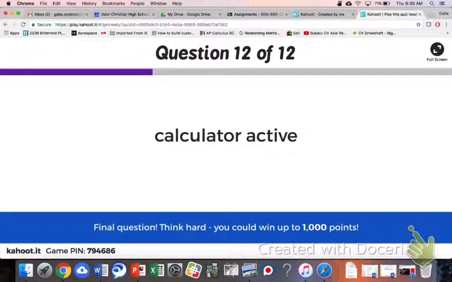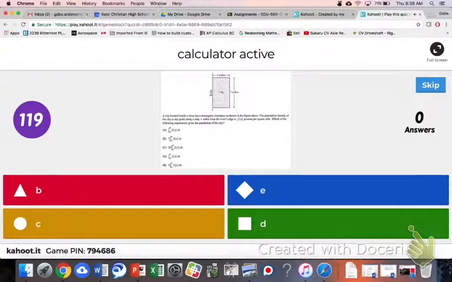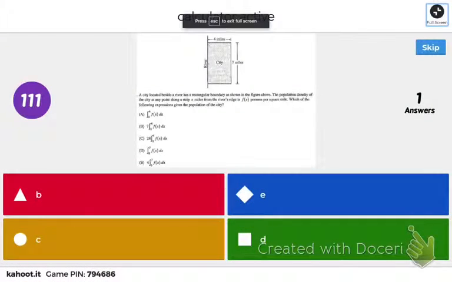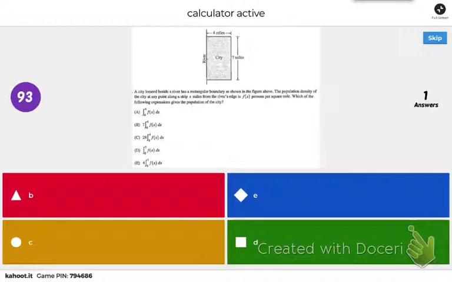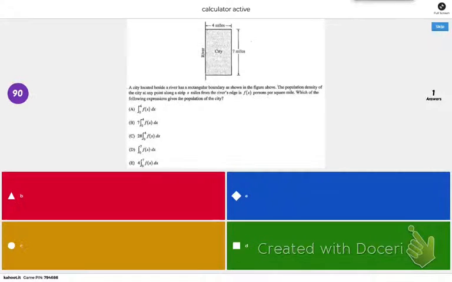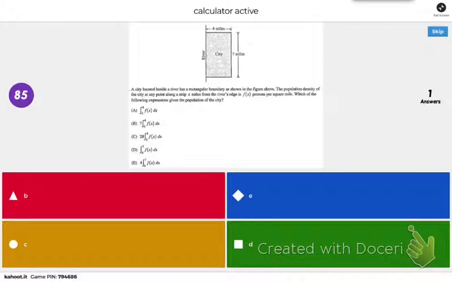Question 12. That looks like the right balance. That's as good as I can get it. Sorry, guys.